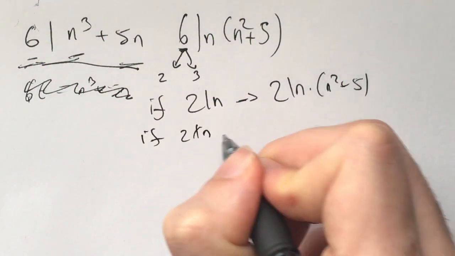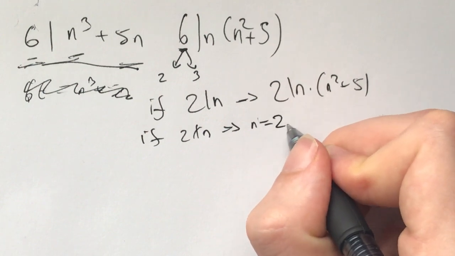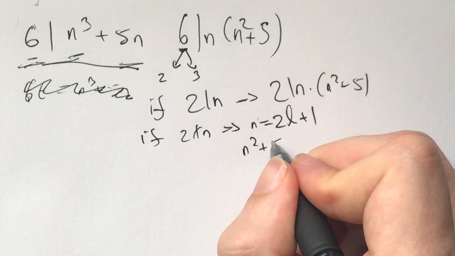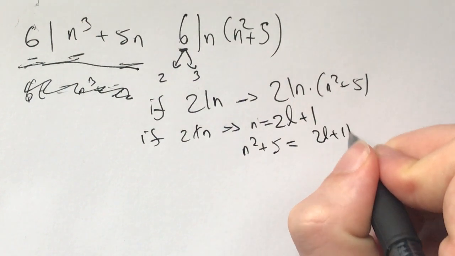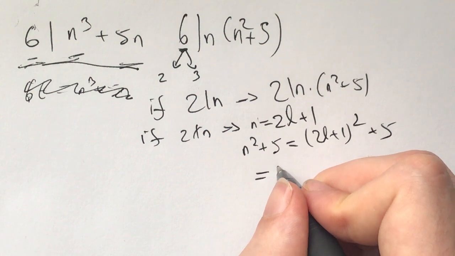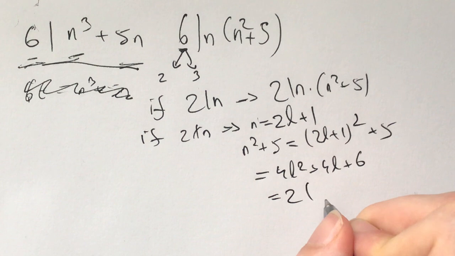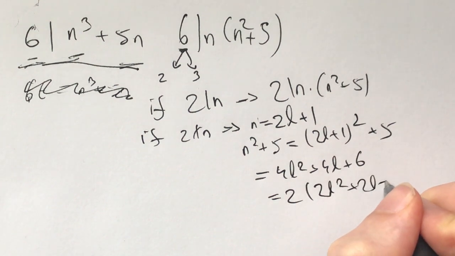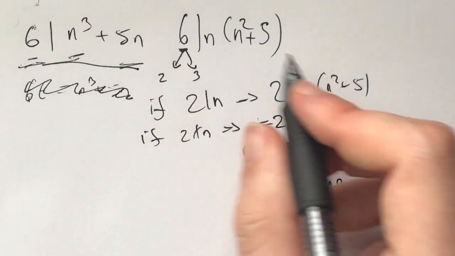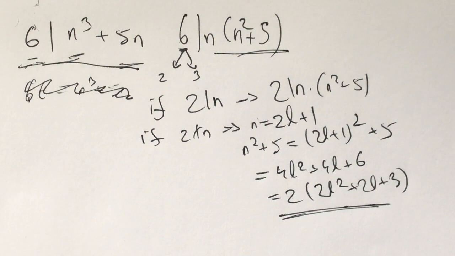If 2 doesn't divide n, that implies n is of the form 2l plus 1 for some l, and then n squared plus 5 is 2l plus 1 squared plus 5, and this is equal to 4l squared plus 4l plus 6, which is 2 times 2l squared plus 2l plus 3, and this is divisible by 2. So in both instances, we have that 2 divides this.